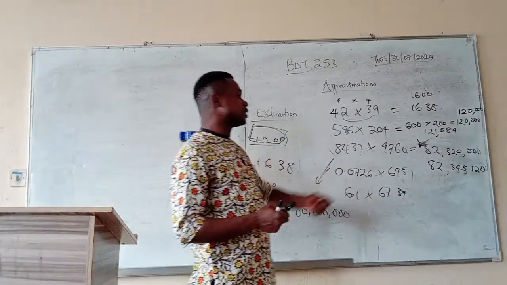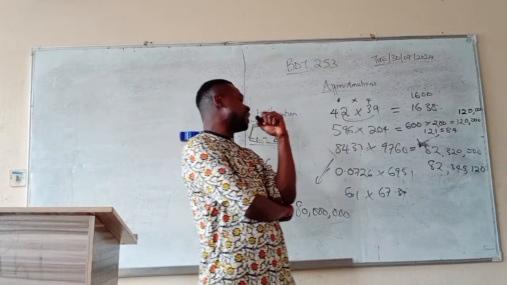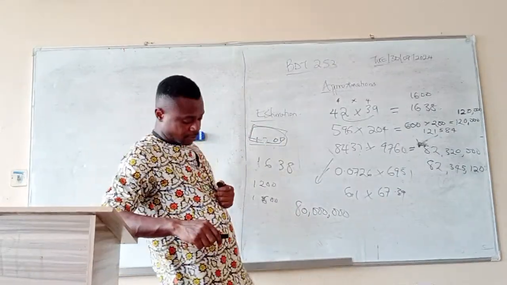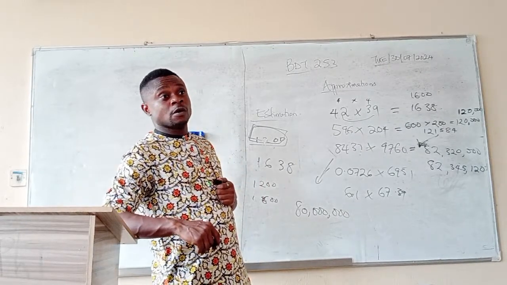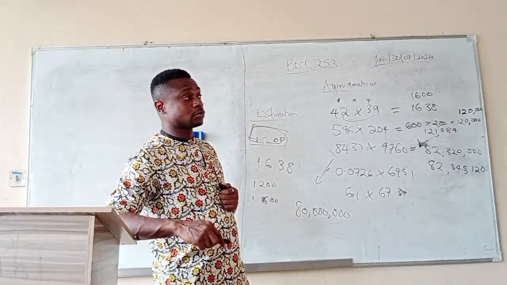Now, what about this one? 0.0726 times 6951. So what do we do? What do we do?